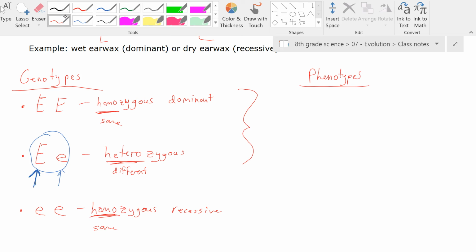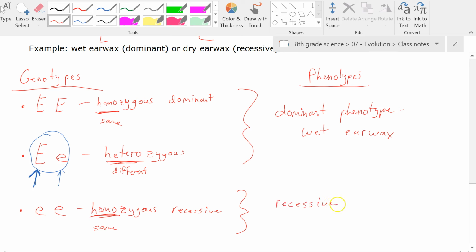So for phenotypes, those two up on top are both going to be the dominant trait, the dominant phenotype, which is wet earwax. And then down here, this one is the recessive phenotype. We don't have any copies of the dominant one, no capital letters.